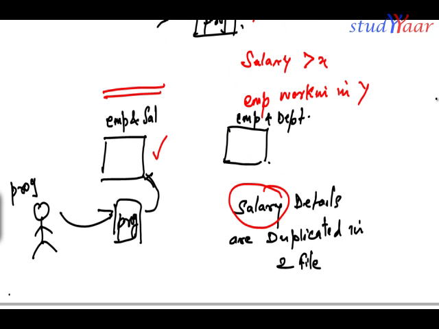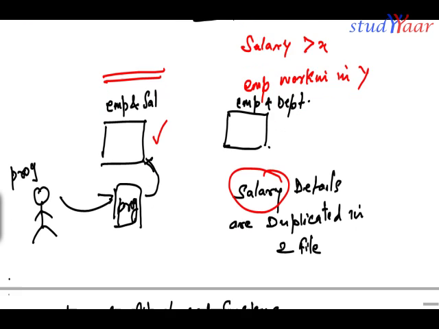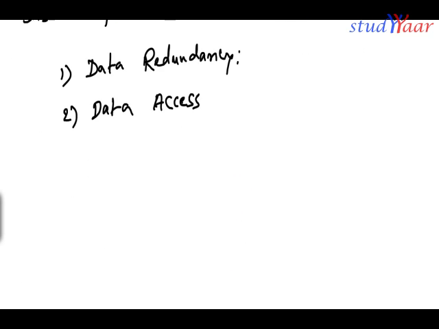The second problem is the data access problem. Obviously, every time a new query is to be fired, this database guy has to create a new program. This program is going to read 2, 3, 4 different files and do some computations and show me the results. So that's a very laborious process.